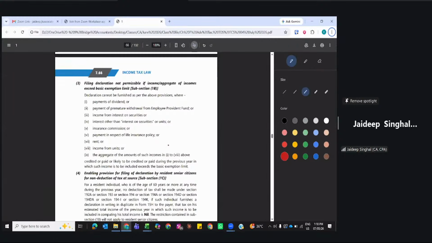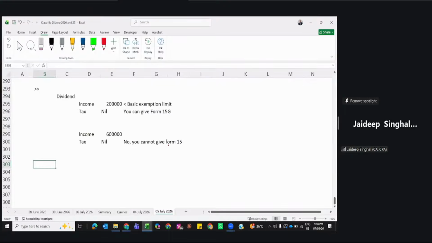Next, in case of a senior citizen, even in this scenario, you can give form 15G.